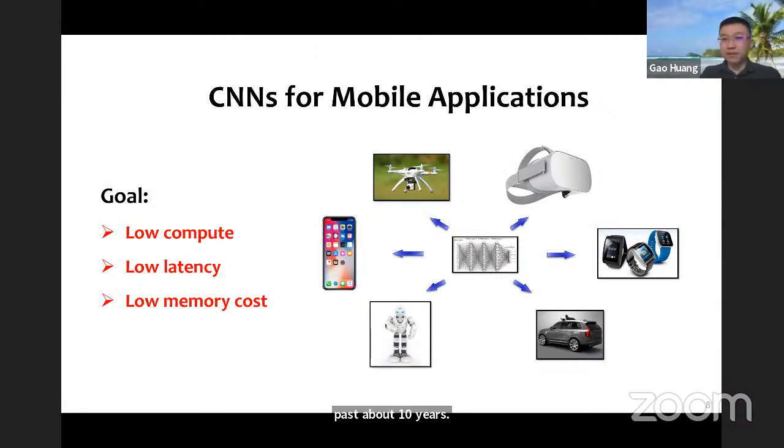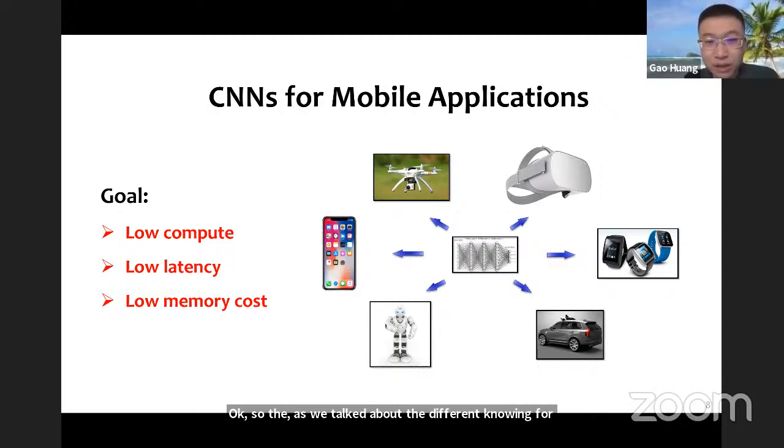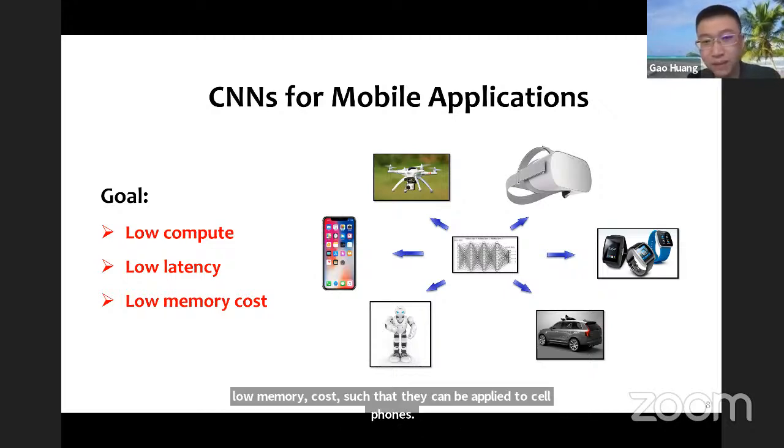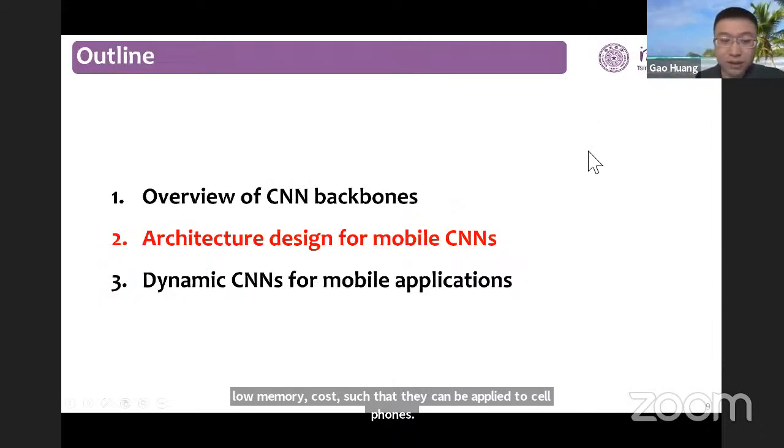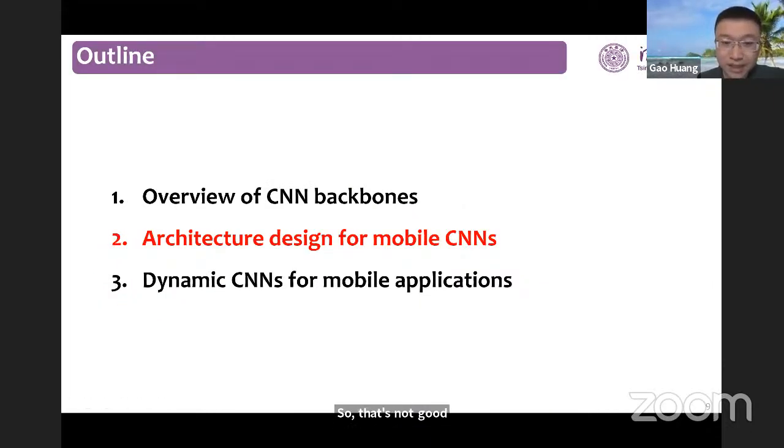As we will talk about deep learning for mobile applications, our goal is to design deep models that have low compute, low latency, and low memory cost, such that they can be applied to cell phones, wearable devices, robots, drones, etc. So let's now get into the details of the design of mobile CNNs.